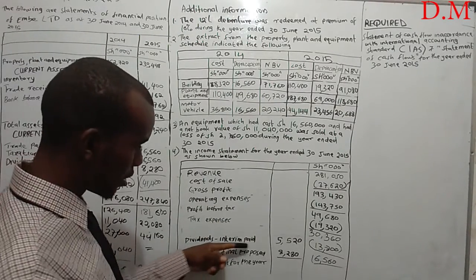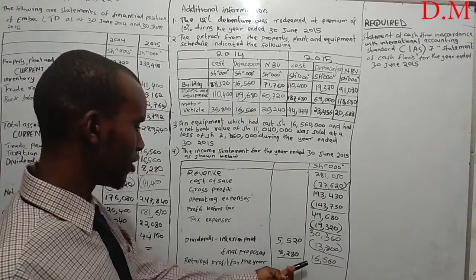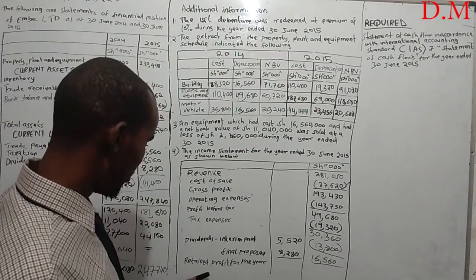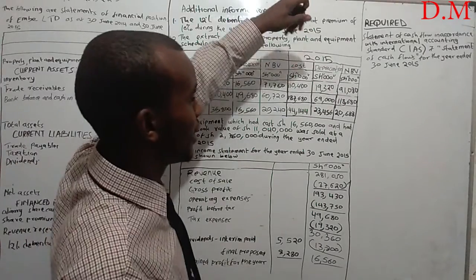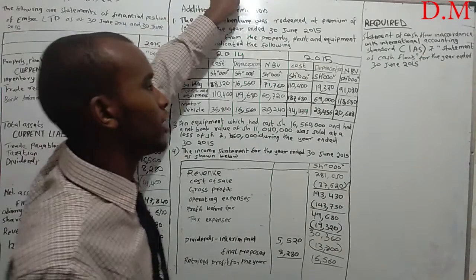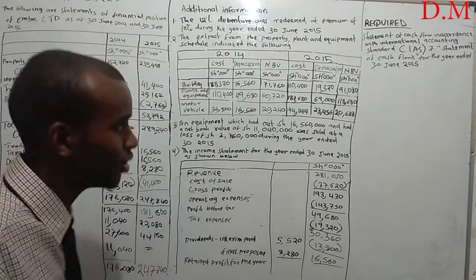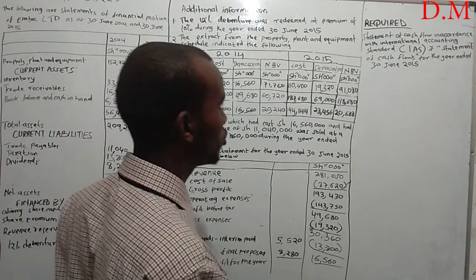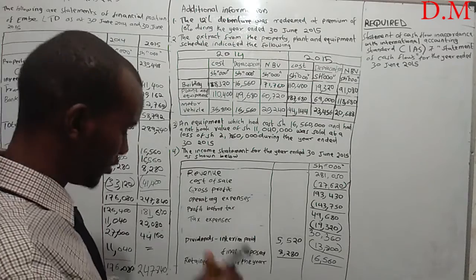Dividends: interim paid 5,520, final proposed 8,280. Total dividend is 13,800. Retained profit for the year 16,560. Required: a statement of cash flow in accordance with International Accounting Standard IAS 7 for the year ended June 2015.